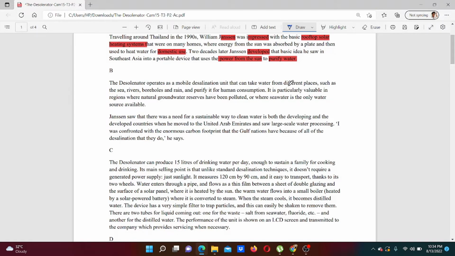Okay, different places. So as you can see here, that water has been purified, taken from different resources, places such as sea, river, boreholes, and rains, and then it got purified for human consumption.